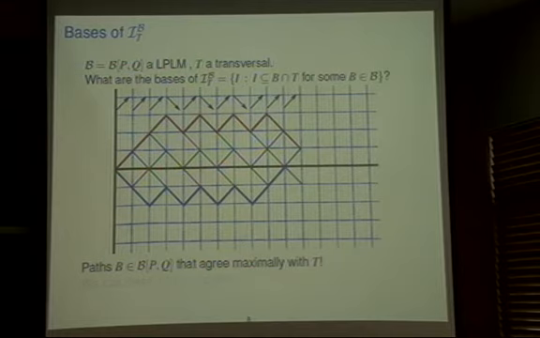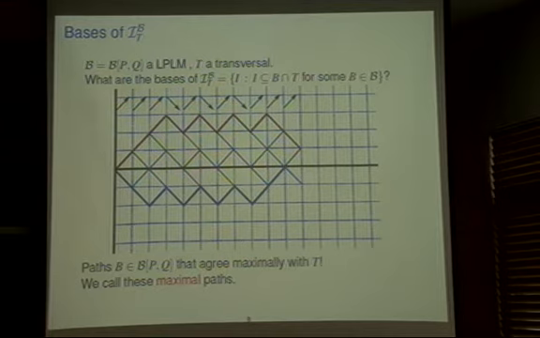It agrees with T on the first 1, 2, 3, 4, 5, 6, 7, 8, 9 steps, and then it just disagrees with T in the last 2 steps. So all the black paths here have 9 agreements. We could find no path between the red and the blue that agreed with T 10 times. 9 is the most you can do. And for short, we'll call these black paths here maximal paths.